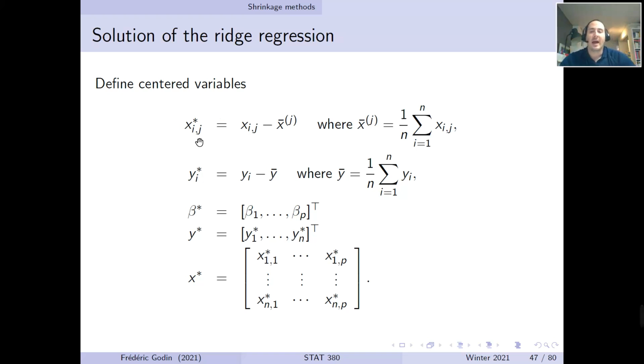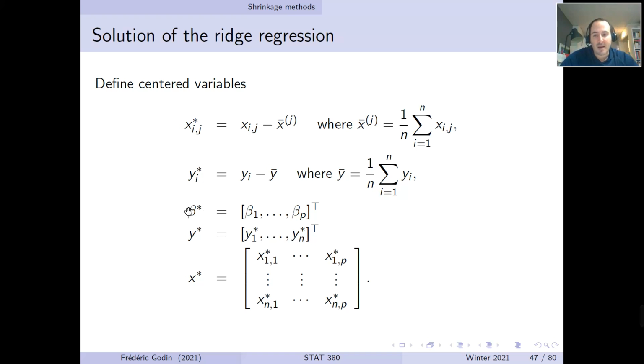So x star ij is xij, the jth predictor for observation i, minus x bar j, where this is the average value for the jth predictor in our data set. So x bar j is simply the average of xij in the data set. Same thing here, y star i is simply the response for observation i, where the sample average of the response is subtracted.